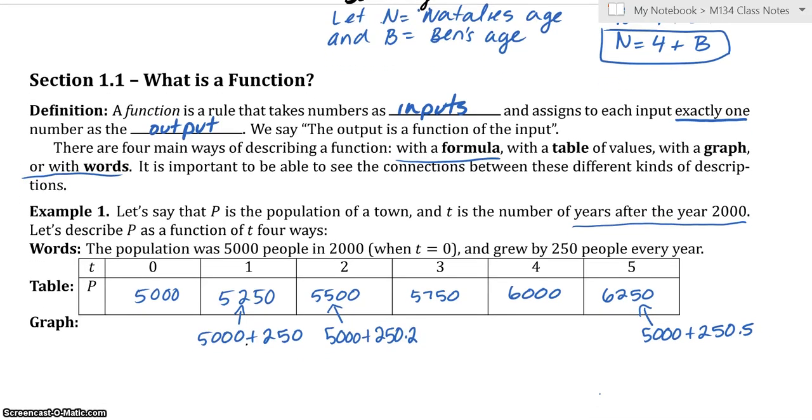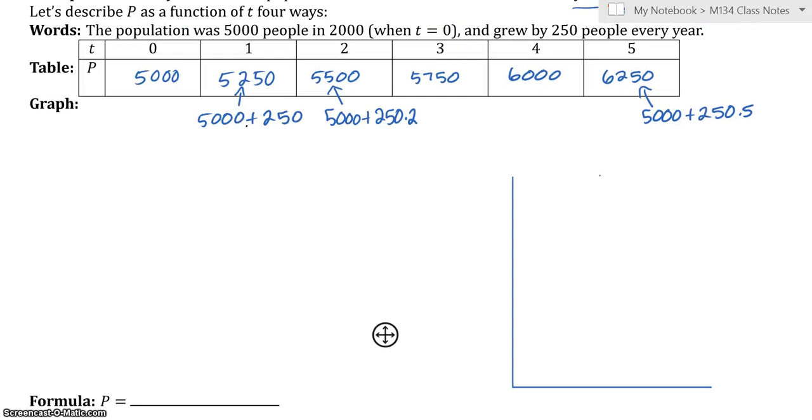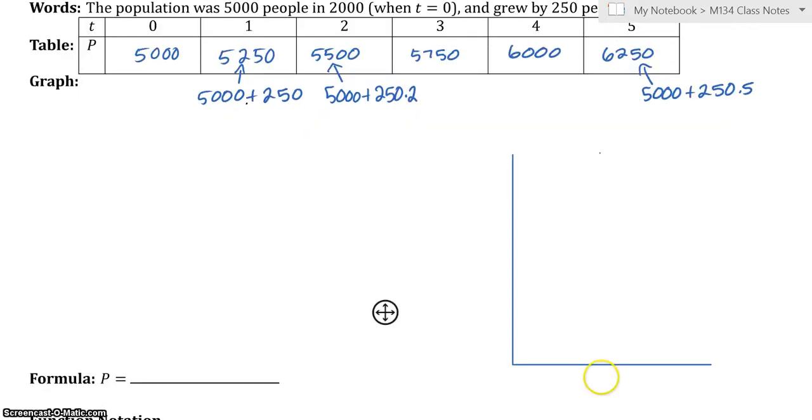Okay, can we graph this? When you graph a function, the input is always going to be on the horizontal axis, and the output is always going to be on the vertical axis. So the input is easy. It is t. You're just going to count by 5.